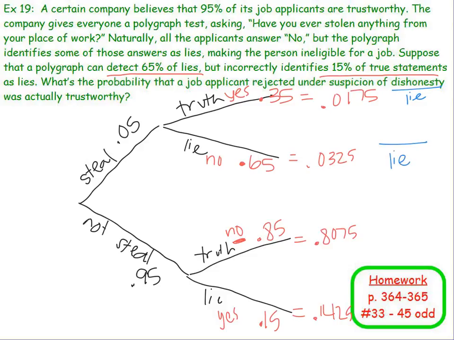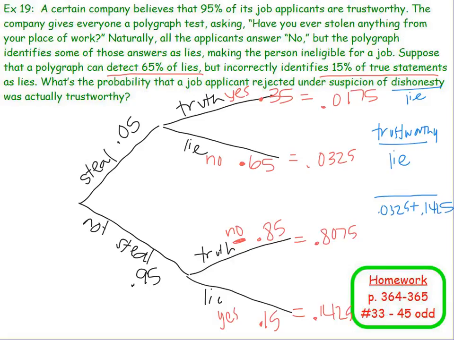What's the probability of all of the people who lied being trustworthy? Okay, so all the people who lied were the 0.0325 and the 0.1425.